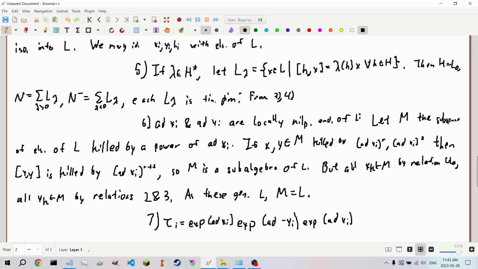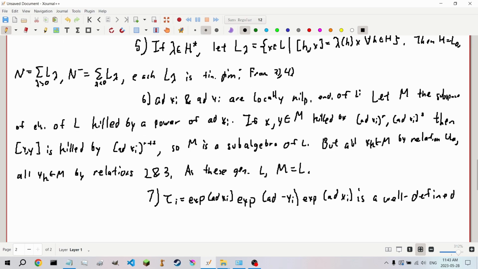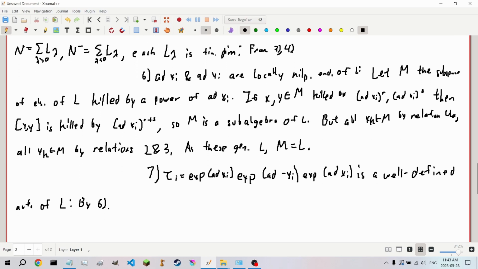This is a well-defined automorphism of L, and this is by part 6. Part 8, how many parts are there? I think there's 14, so we're halfway there.